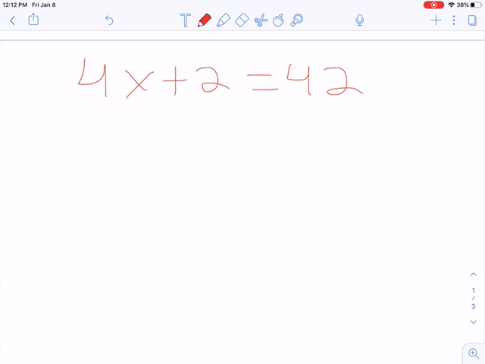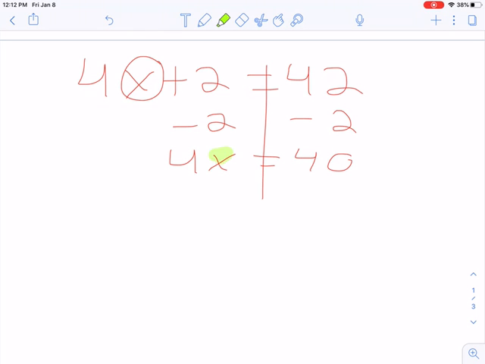All right, welcome back. Looks like you've got done with that problem. What we're going to do is draw a line, circle the variable. I want to get the x by itself. The 2 is all by itself, so I'm going to get rid of that first. Since I'm adding, the opposite would be subtract 2 from both sides. So I have 4x is equal to 40. Again, I want to get the x by itself. Right now it's multiplying.